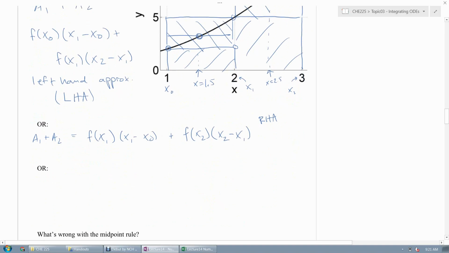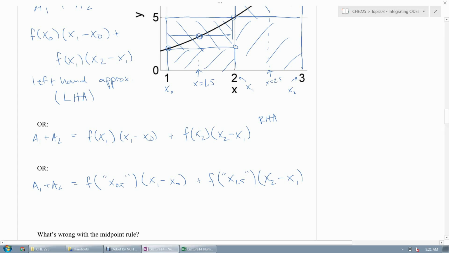So in that particular case, this would be a midpoint approximation. Then our area 1 plus area 2 is equal to f evaluated at this fictional point, x sub 0.5, times x1 minus x0, plus f evaluated at this other fictional point, x sub 1.5, times x2 minus x1.